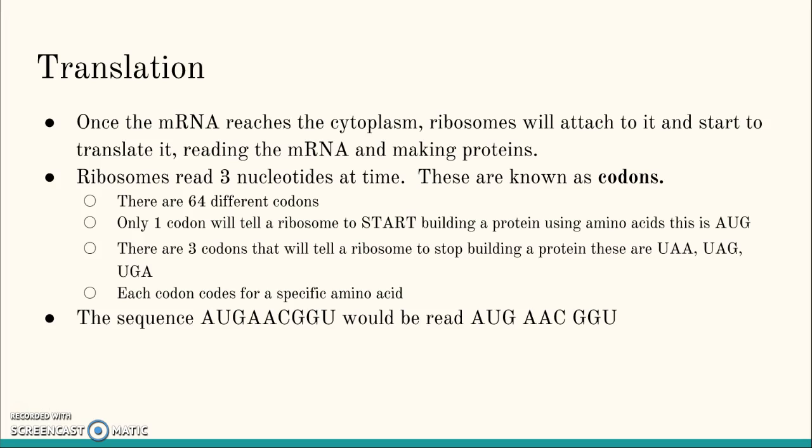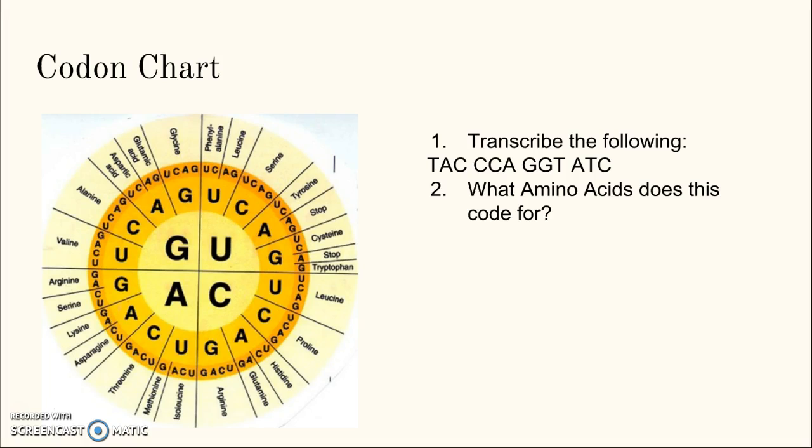And then it would read AAC together, and then GGU. And the AAC and the GGU are codons that would code for a specific amino acid.